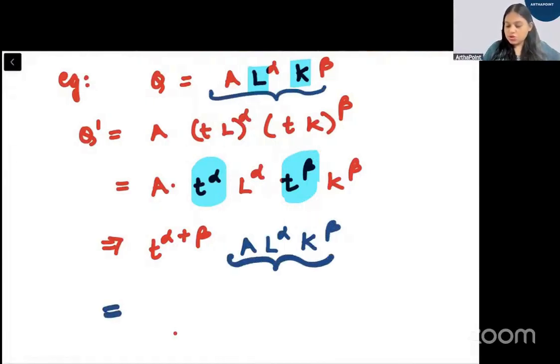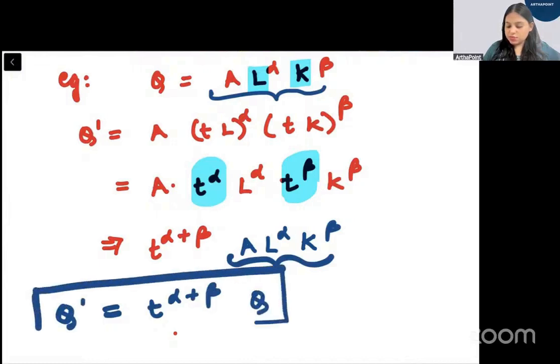Look. So this will be T to the power alpha plus beta into Q. This becomes Q dash.